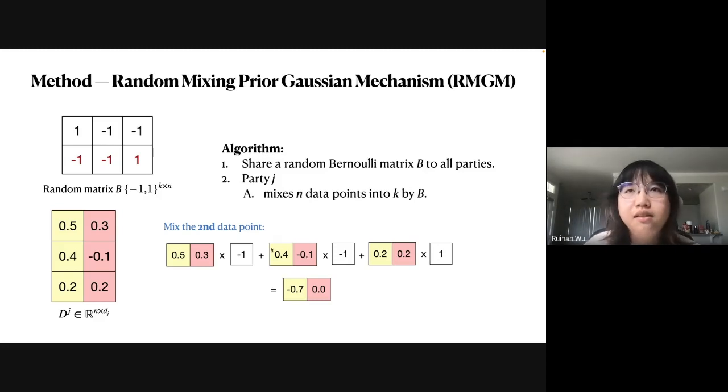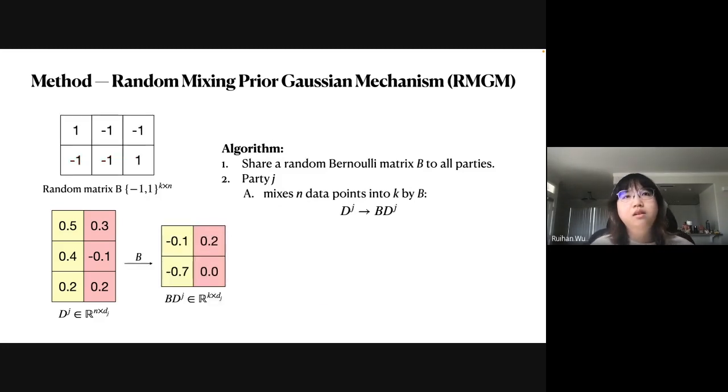And this is how the second one is mixed. Again, it's a summation of data points times 1 and minus 1, but now we take the second row of the random matrix B. We can write it in a matrix format.